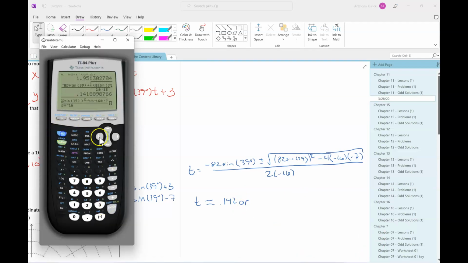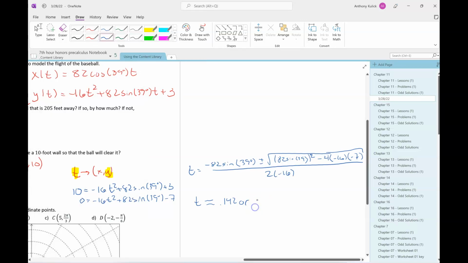Remember, I can't do the plus or minus on my calculator, so I just have to do them as 2 separate pieces. And 308.3 would be the other one. So this is definitely the one that I want, right?